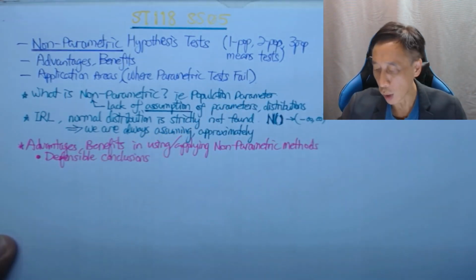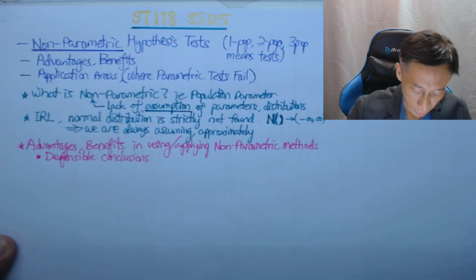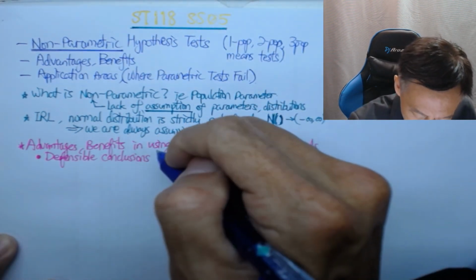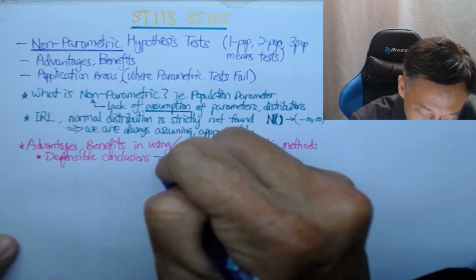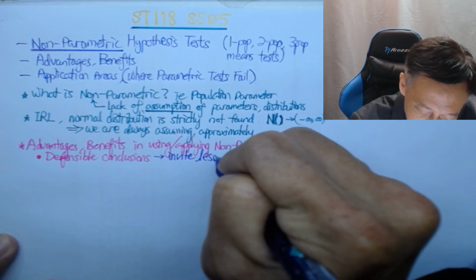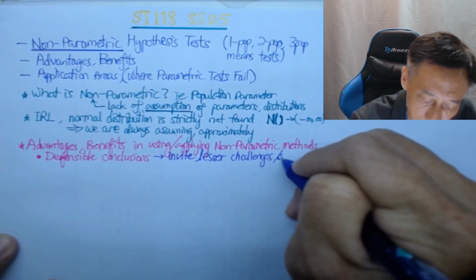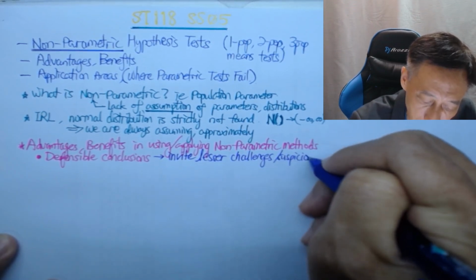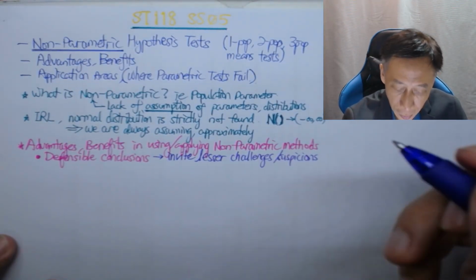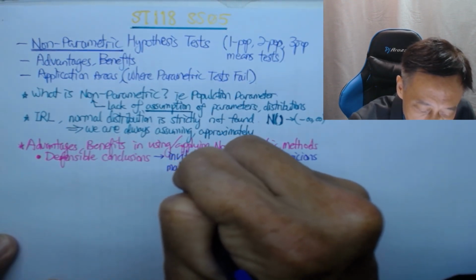Okay, your conclusions are going to be more defensible. How come? I'm going to say that you will invite lesser challenges and suspicions, right, about your conclusion, and more because you make less assumptions.